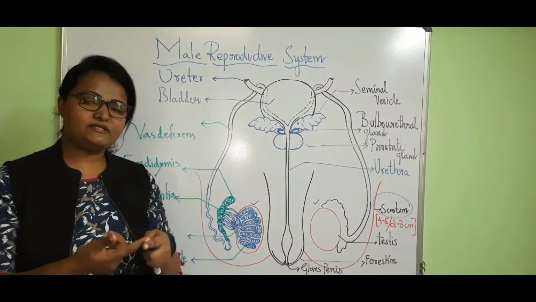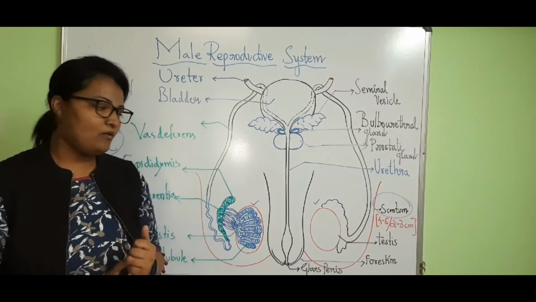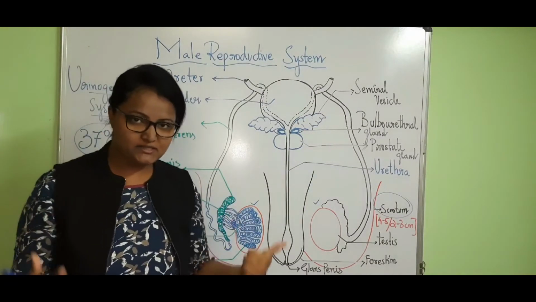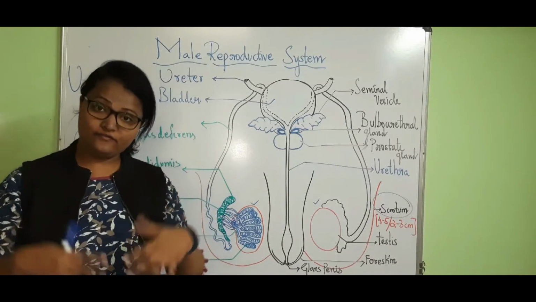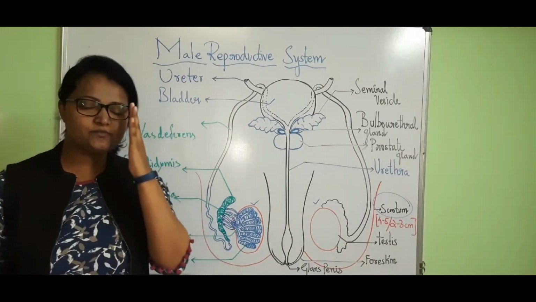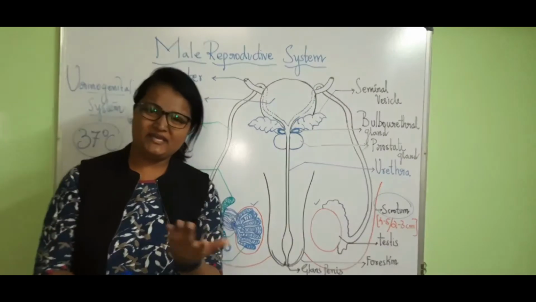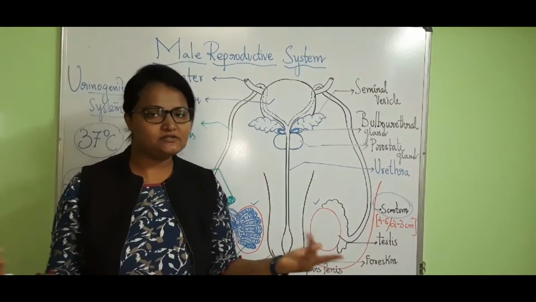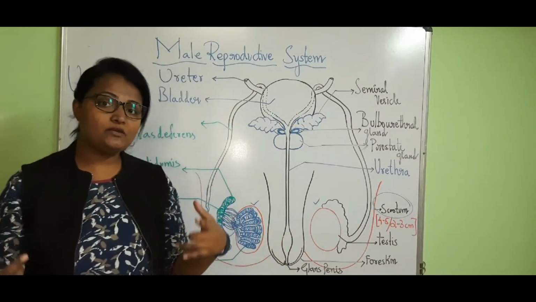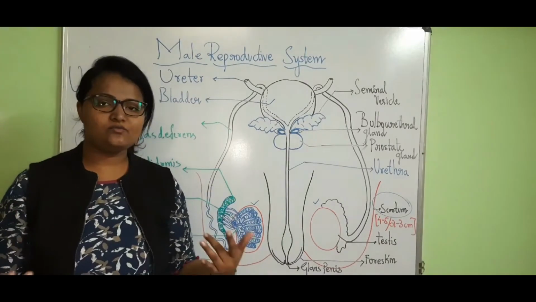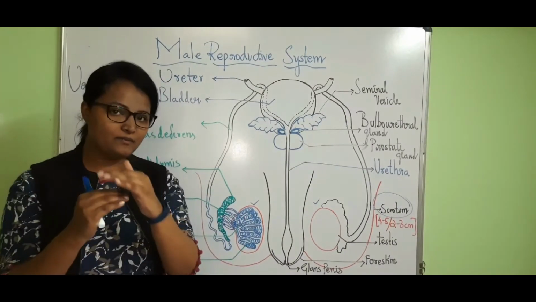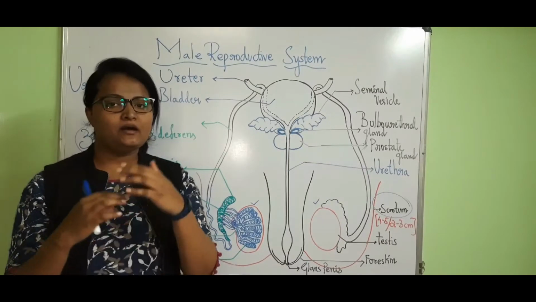But what happens if the testis is inside the body? The spermatogenesis process doesn't take place, or even if it does, the sperm may get inactivated. Some enzymes also work like that; they need an optimum temperature to maintain their viability.